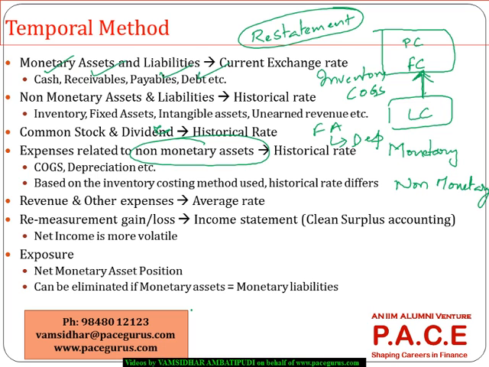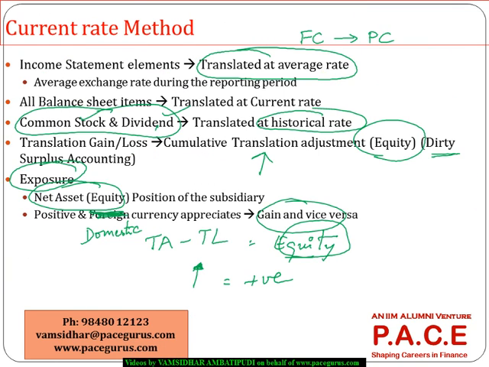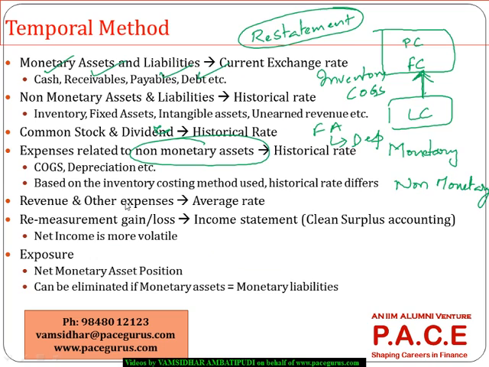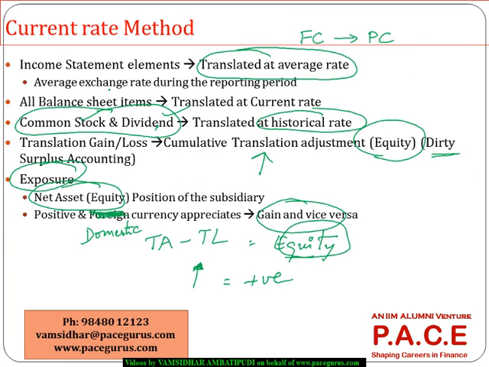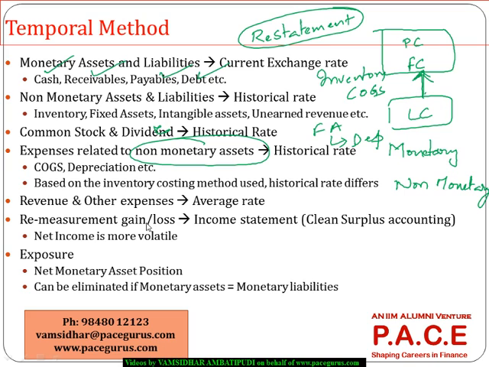So we have to see what is domestic here. When I said domestic currency in the earlier slide, let me call it local domestic currency appreciates, or from a presentation company's perspective, foreign currency is appreciating.